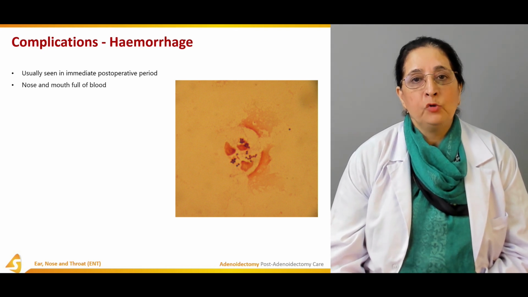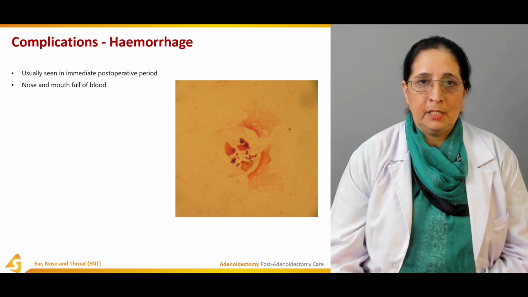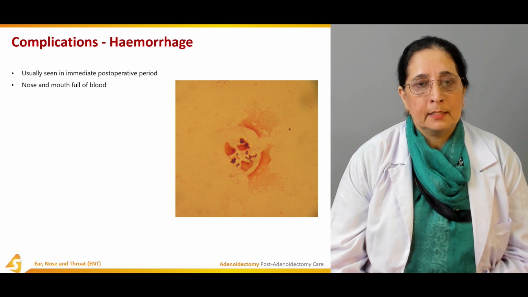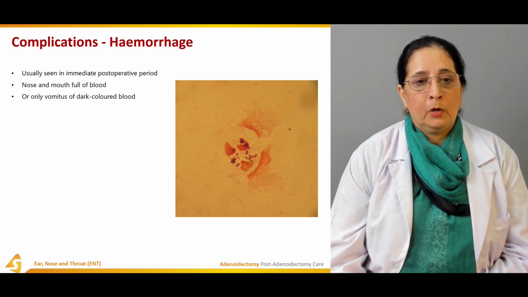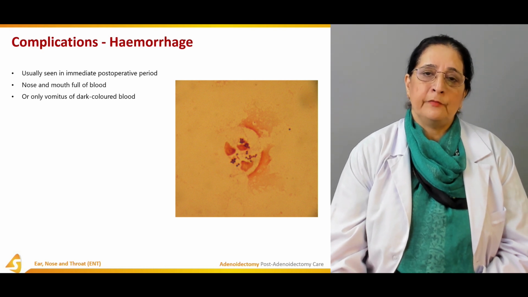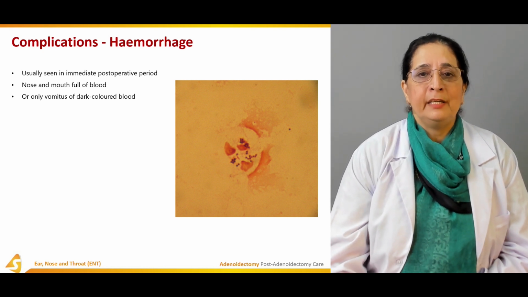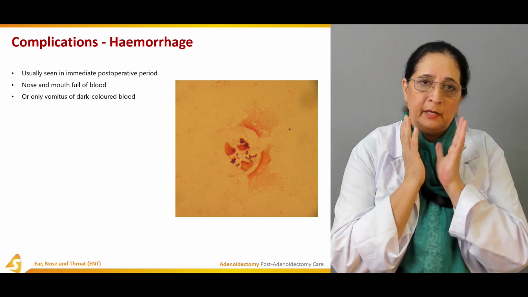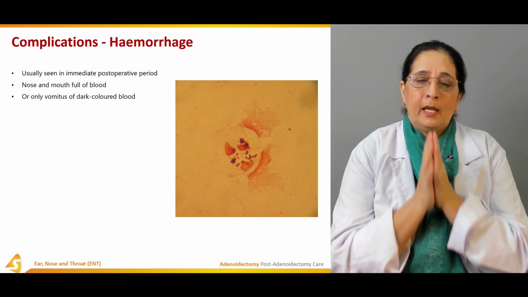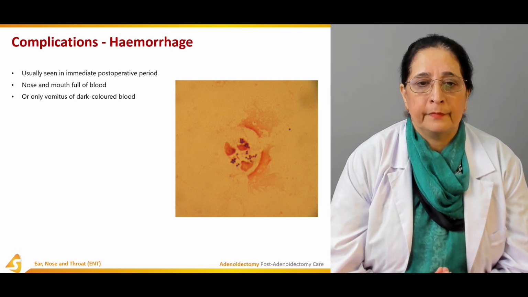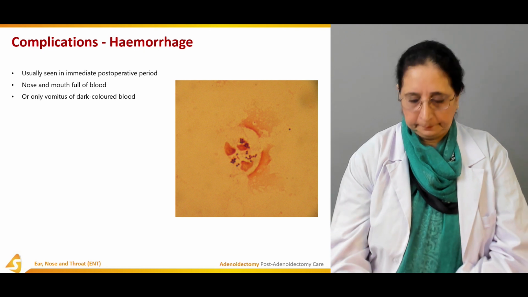Nose and mouth full of blood. If you see nose and mouth full of blood, it means there is a major haemorrhage. Or there may be only vomitus of dark colored blood, which is very, very common. Usually the patient has a sore throat, the area is sore, they have pain, and there is vomitus of dark colored blood.